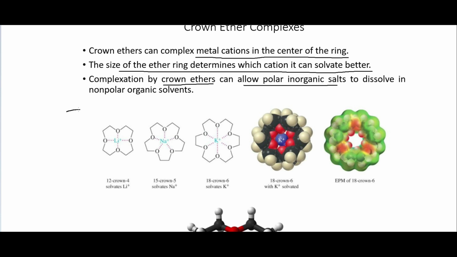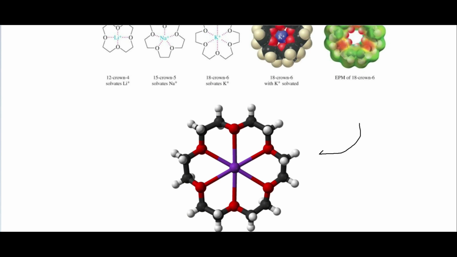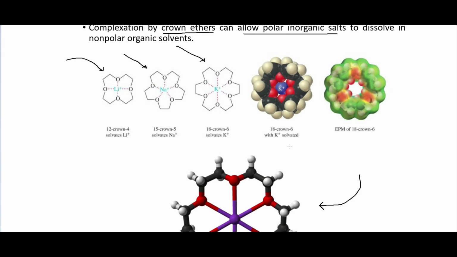So if we have the small one, we can dissolve lithium into it. This somewhat bigger one, we can do sodium. Even bigger one, we can do potassium here. And this is just a common way of showing these crown ethers like this. So we see that the oxygens on here are what are coordinating with that cation in the center.